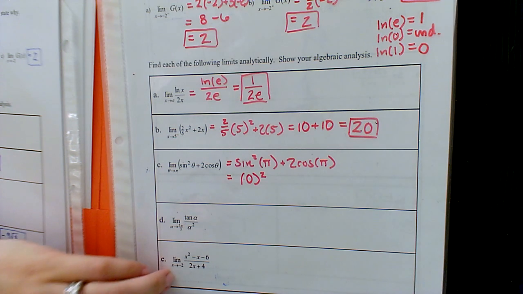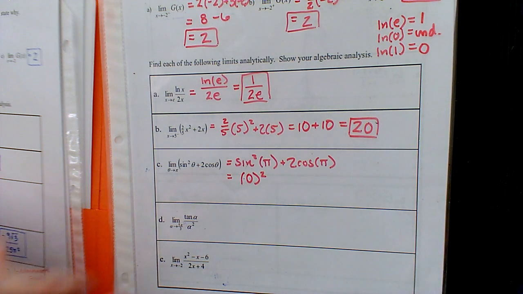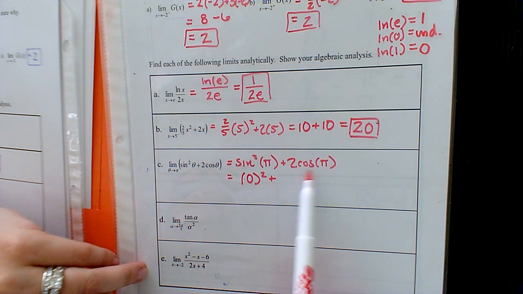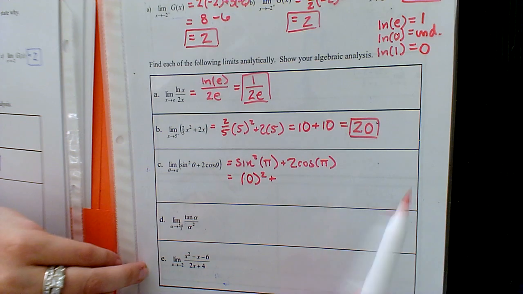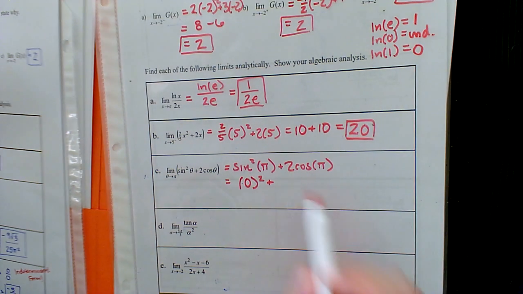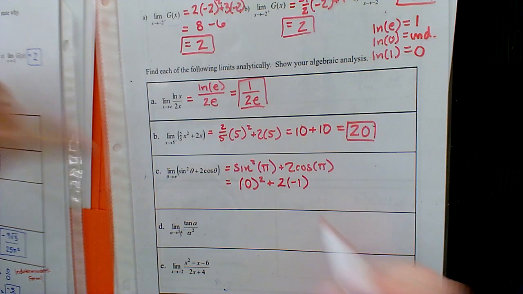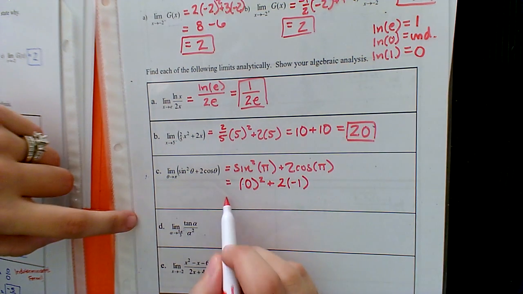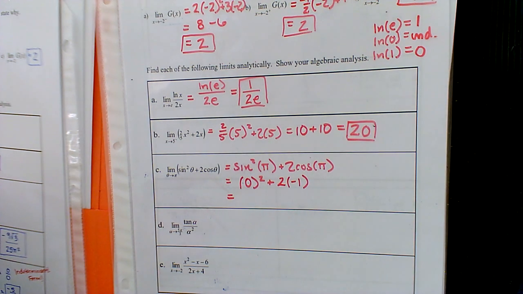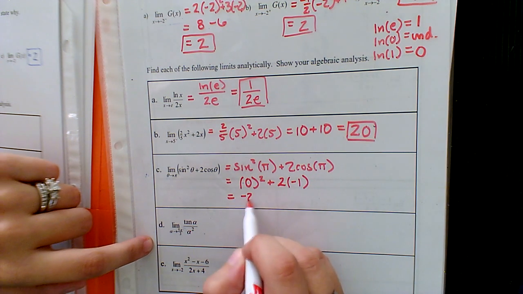Now this was sine squared, so we would eventually have to figure out 0 squared. And then at that same location of pi, what would the cosine value be? Yeah, 1, which times 2 would be 2. This is actually -1, because you're on the left-hand side. That's right. Okay, so 0 squared plus 2 times -1 looks like we get -2.